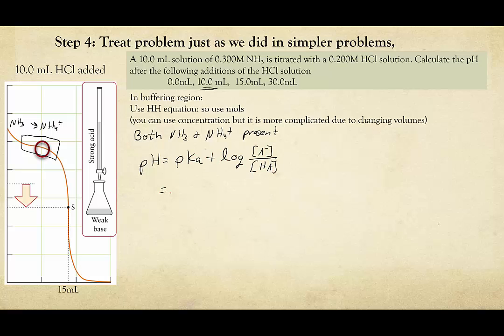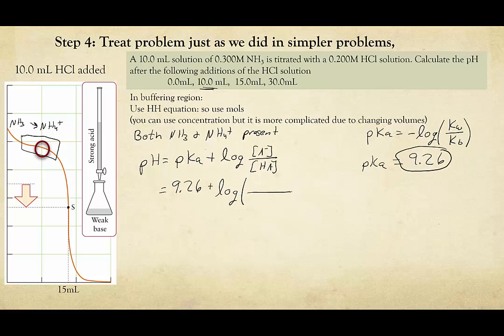Be careful when you go to solve for pKa. Make sure that you include pKa, not pKb. We'll need to convert Kb into Ka. We can now fill in our pKa, and we can fill in our amount of base. Again, I would suggest doing this in terms of moles.